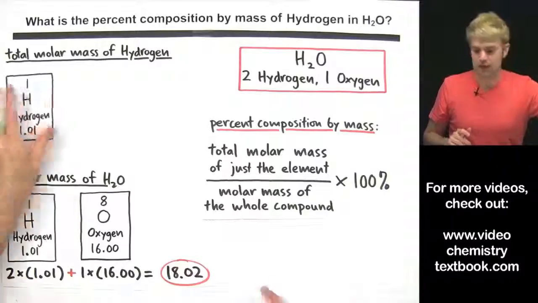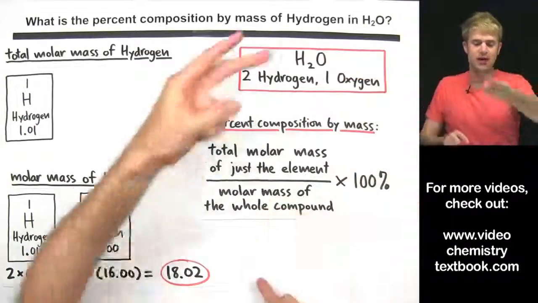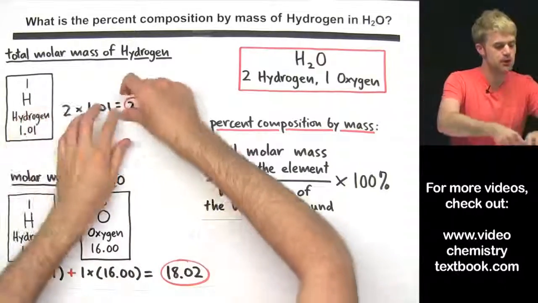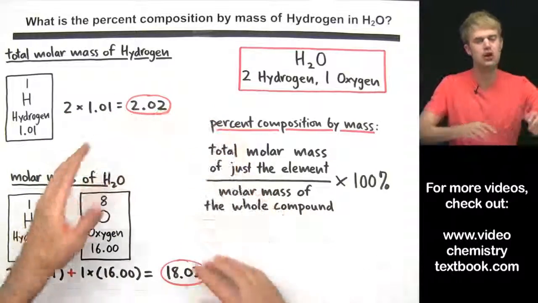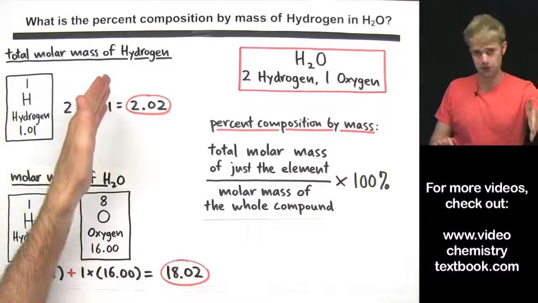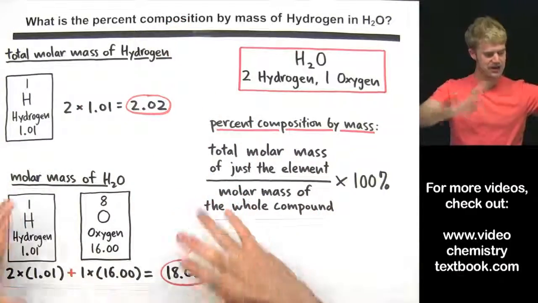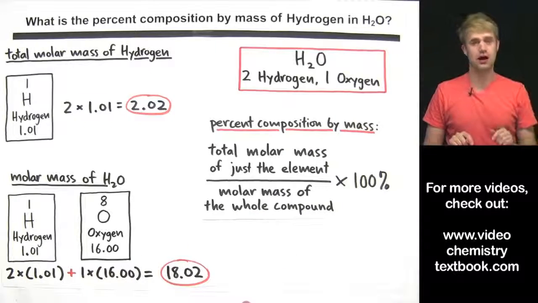If we look at the formula here, we see that we have 2 hydrogens. Each one weighs this much, so we do 2 times 1.01 to get the total molar mass of just the hydrogen. This is the total molar mass of the hydrogen on its own, and this is the total molar mass of everything, the hydrogen added to the oxygen.